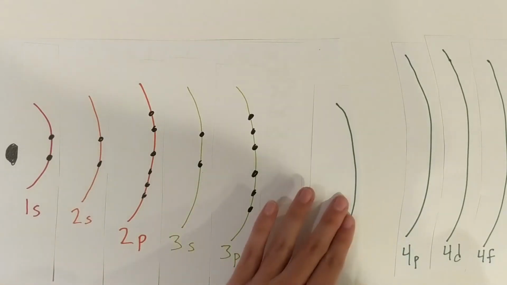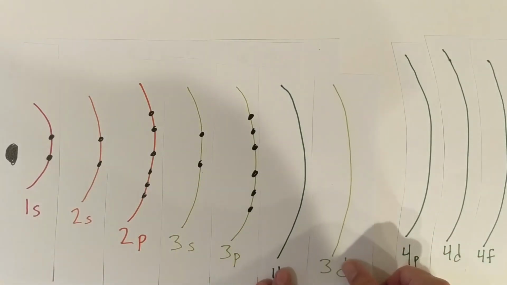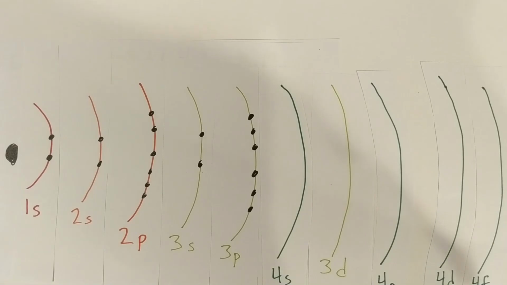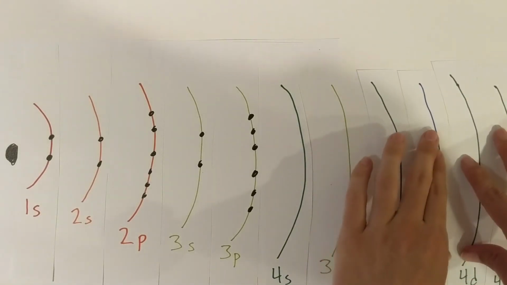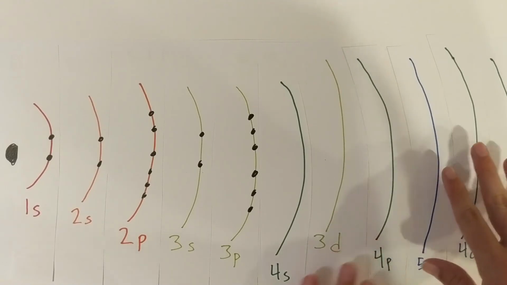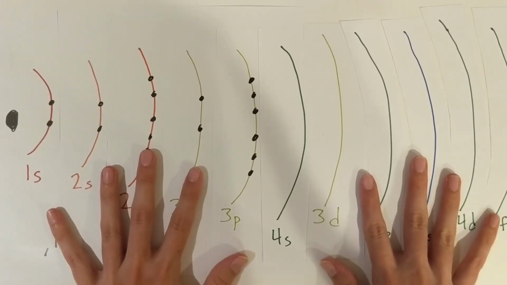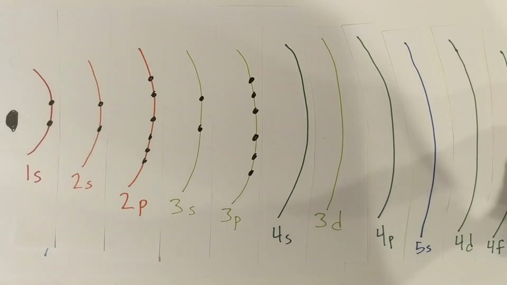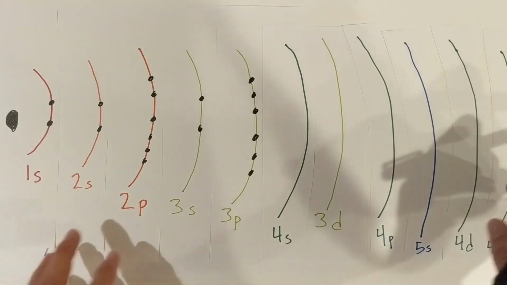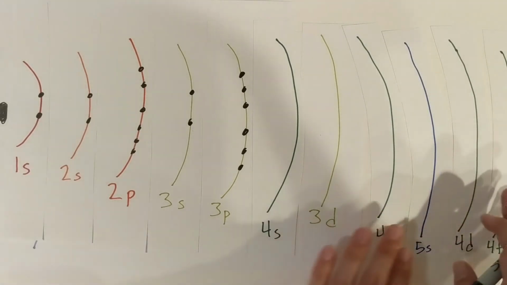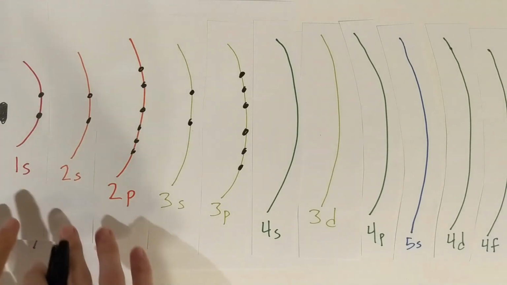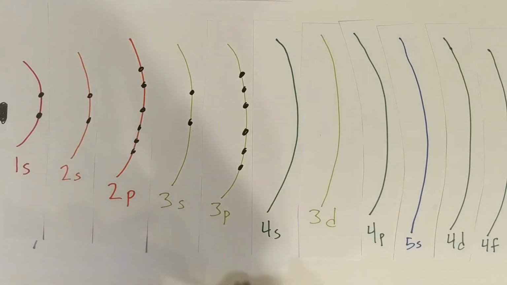So they actually jump into 4s before they fill in 3d. And then after 4p, we even have 5s. So the energy levels start intertwining. Let me move this up so you can see all of these. They start intertwining with sublevels. So it might seem really confusing right now, but I'm going to show us a way that we can use the periodic table to know exactly the order that our sublevels go.